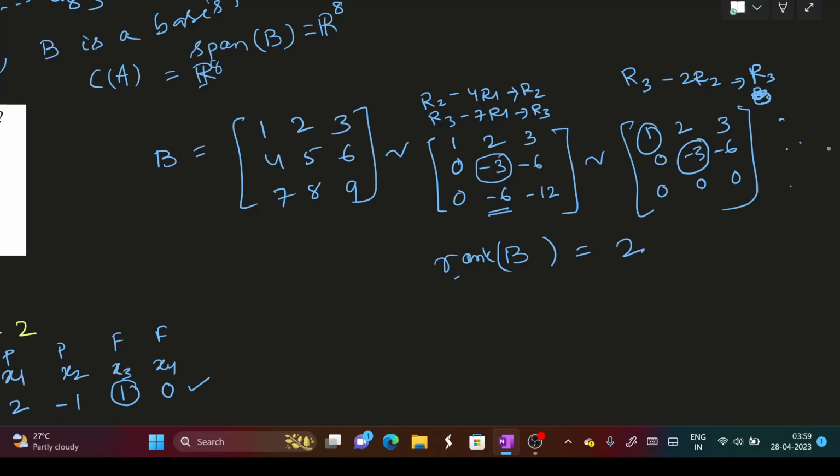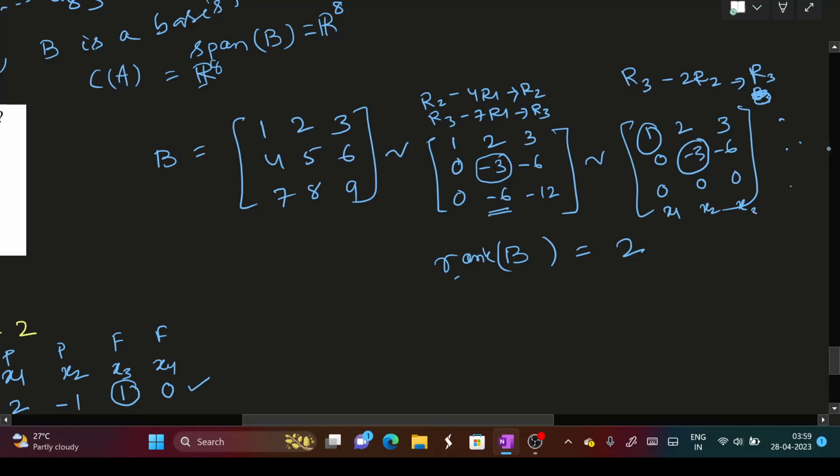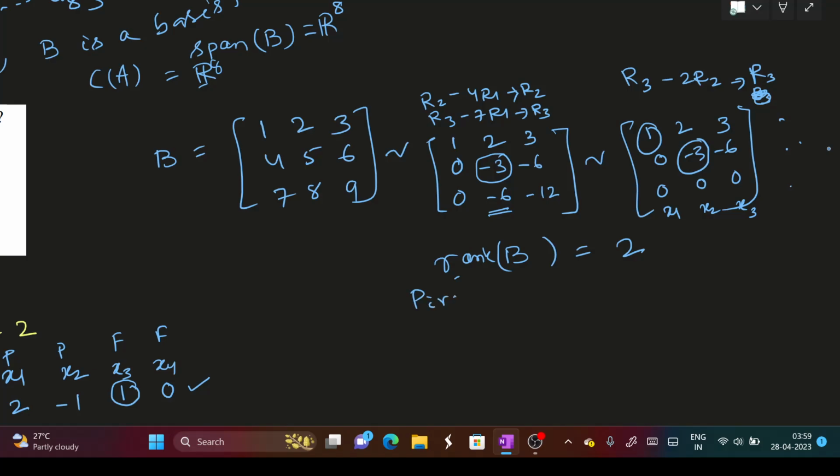So here my x1 variable corresponds to this column, x2 corresponds to this column, x3 corresponds to this column. So that implies x1, x2 are pivot variables and x3 is a free variable. The next question is pivot variables: x1, x2. Free variables: it is x3.